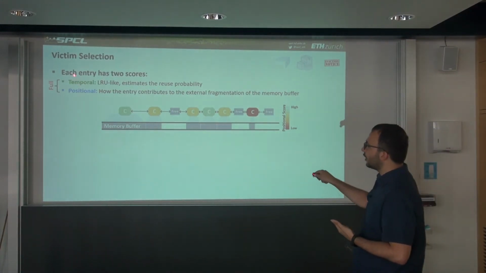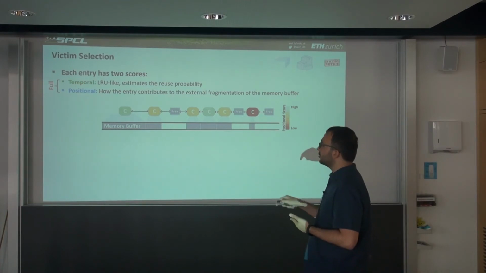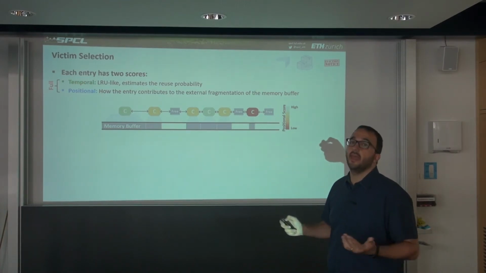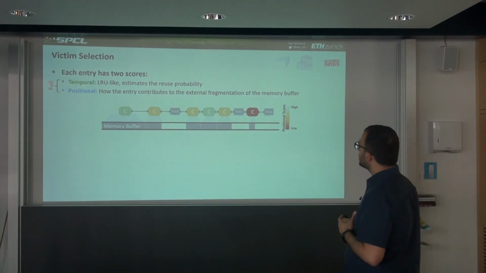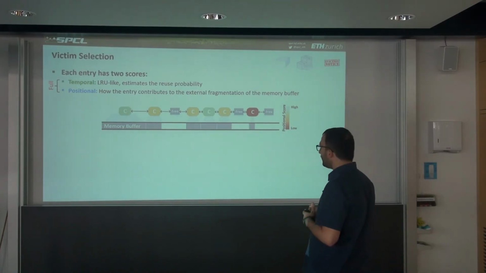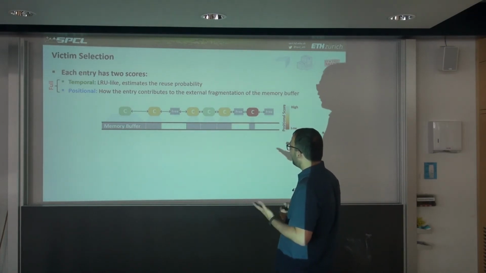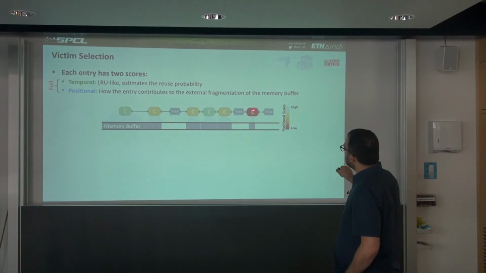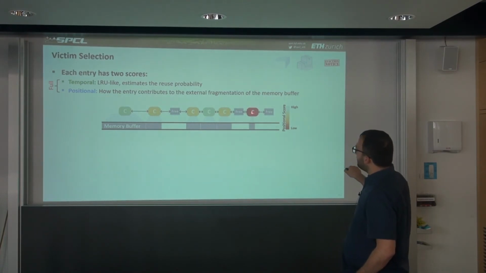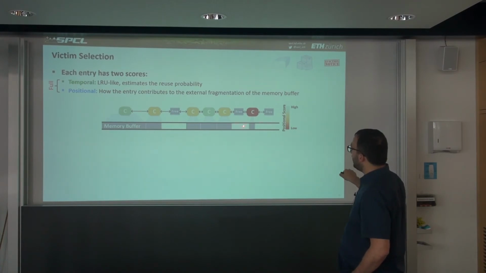And then we use a combination of the temporal and the positional score, where the temporal score is just an LRU-like score, used for estimating the reuse probability of that entry in order to perform the eviction. Here we see an example, and this entry here will have a very bad positional score because it has some free space on the left and on the right.